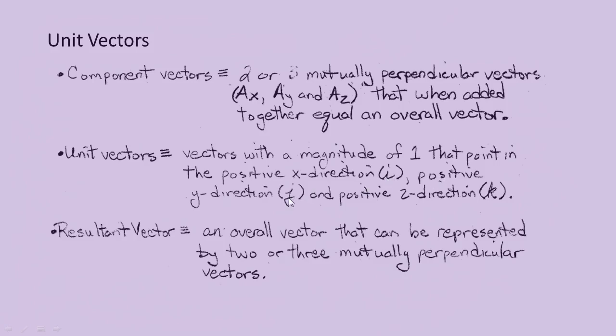The j unit vector is going to point up from the origin on the y-axis with a magnitude of 1 unit, and the k unit vector is going to point towards us coming out of the screen on the z-axis and have a magnitude of 1 unit.